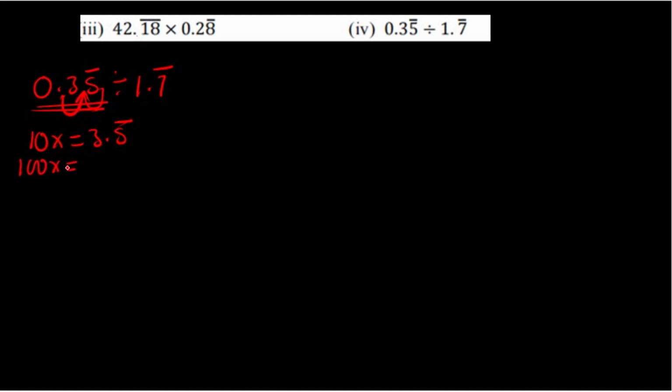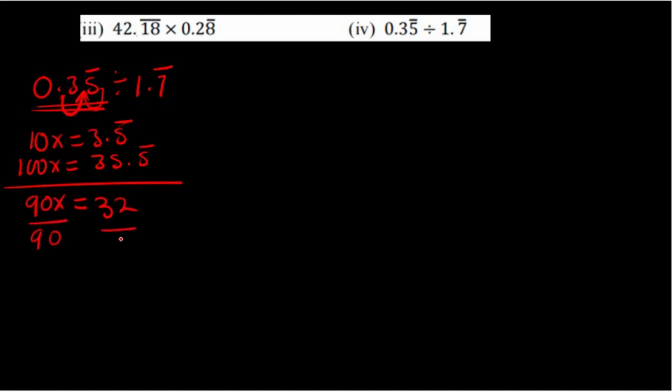So that is 100x equal to 35.5. So when you subtract 100x minus 10x, it will be 90x. That one, it will be 32. So your answer, when you divide by 2, it is 16 over 45. So that is your answer, right?